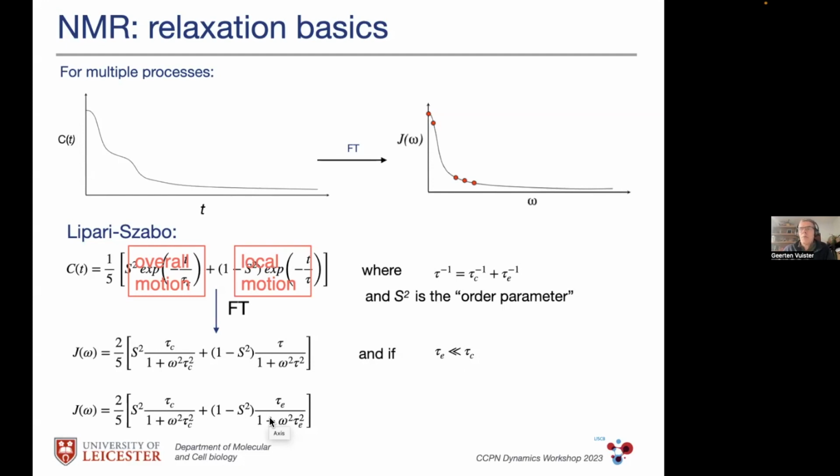Now, that turns out to be a very powerful mechanism to analyze our data, because the molecule just tumbles. There's one tumbling, which we generally assume, and that means that all the other effects are going to be taking part in this other term here, which tells us a little bit about the local motion, and that's the thing that we're interested in.